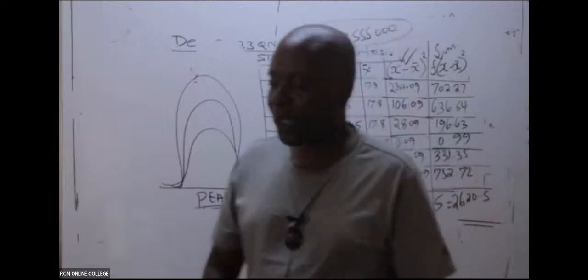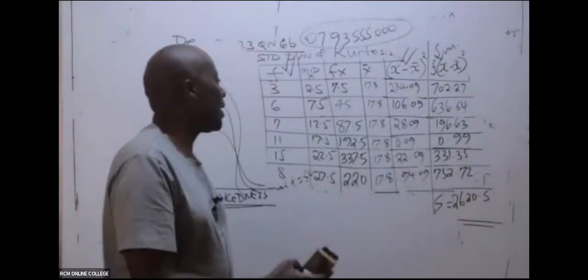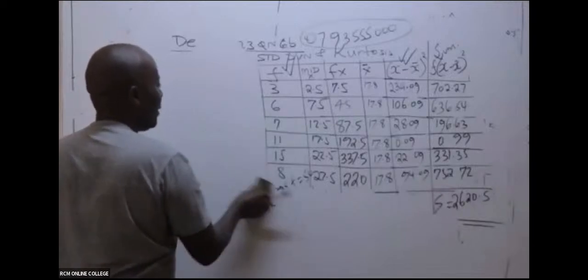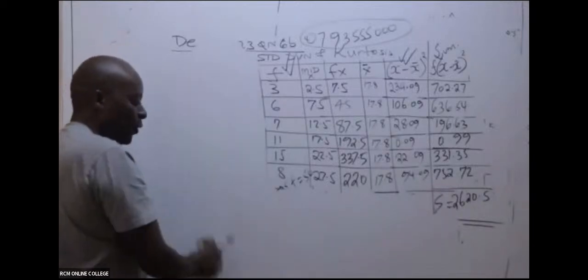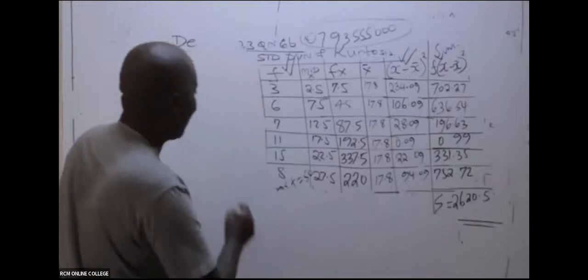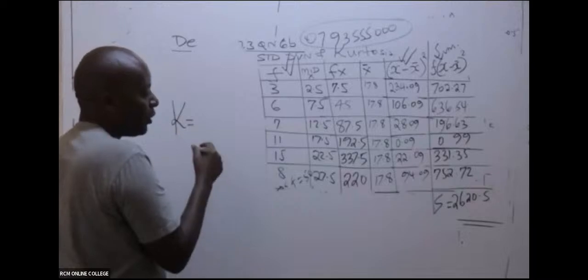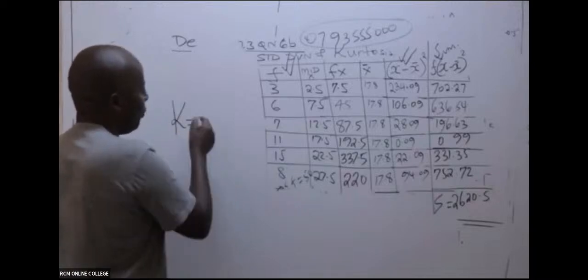The most important thing you're supposed to memorize here is the formula. How do we get this coefficient of peakedness called K for kurtosis? It's very easy. So long as you give me the formula of standard deviation, I'll be able to give you this very fast.